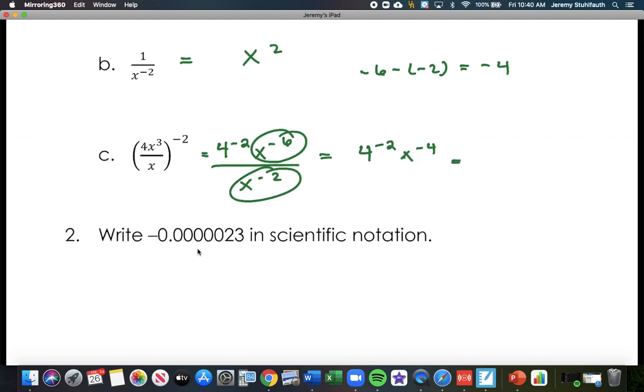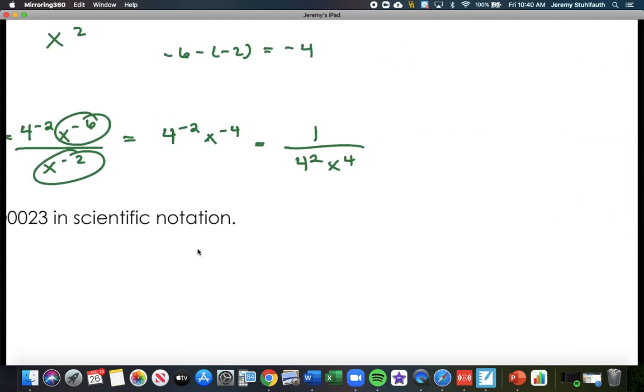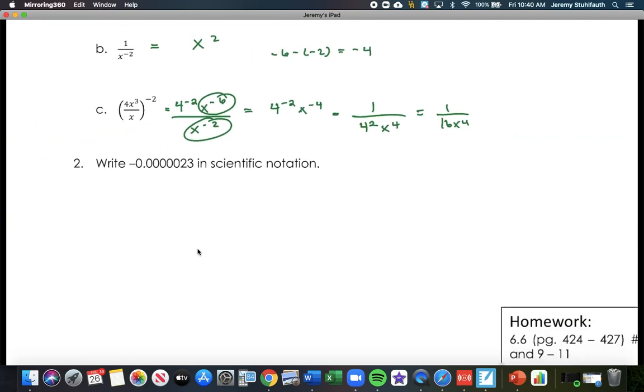And to write this with positive exponents, we'd have 1 over 4 squared times x to the 4th, which we could say is 1 over 16x to the 4th. Finally, it says write this in scientific notation. That would be negative 2.3 times 10 to the negative 6th power.